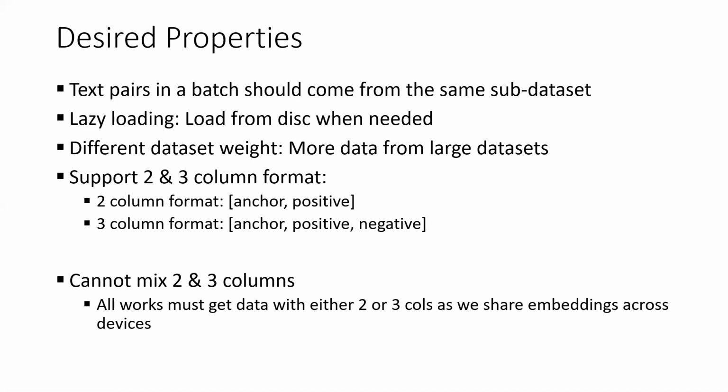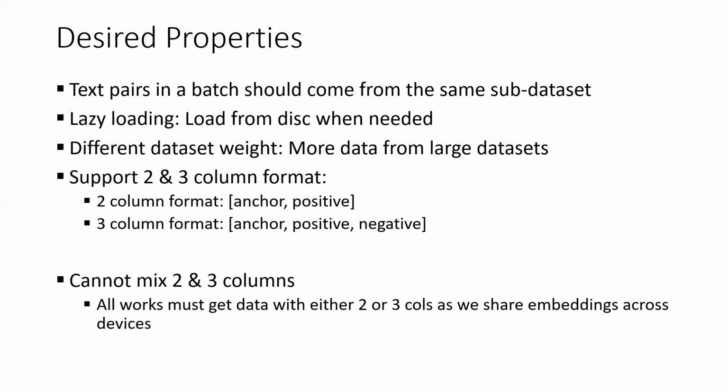We have different data set weights. We have some really small data sets with just 10,000 pairs, and other data sets with 100 million pairs. And we want to assign more weight to the large data sets, so we use them more frequently for more batches.